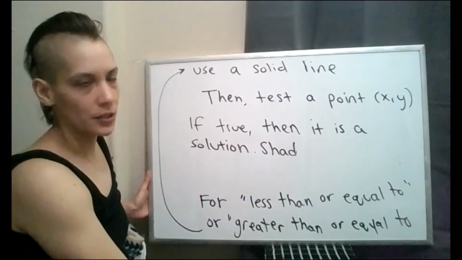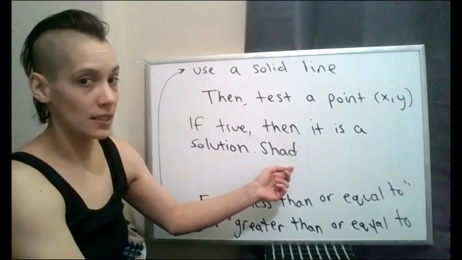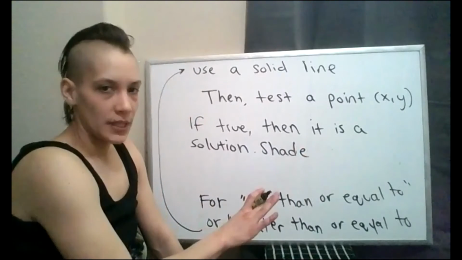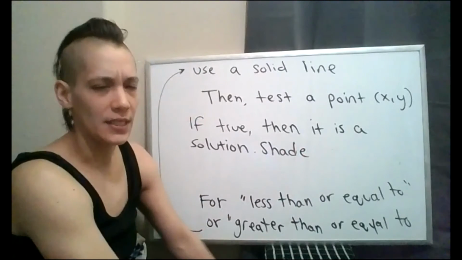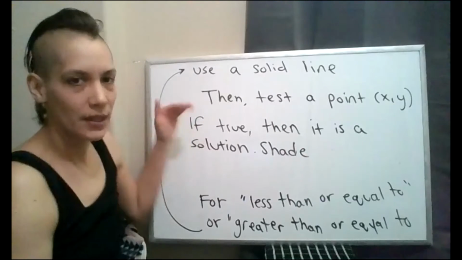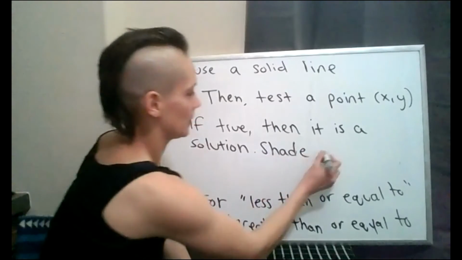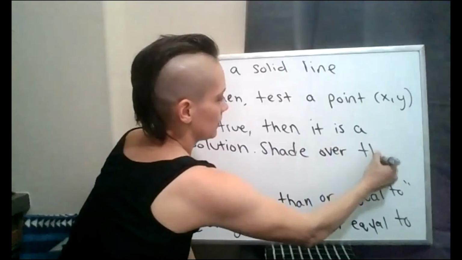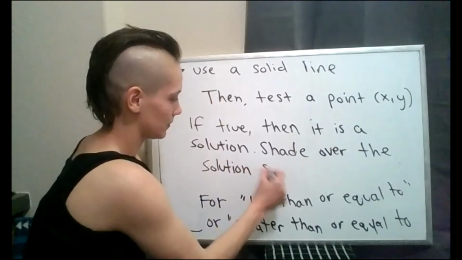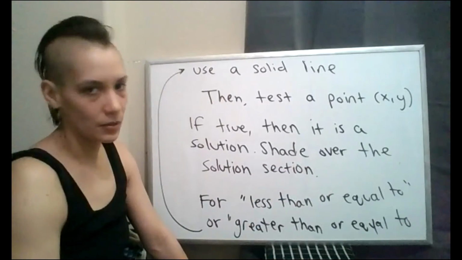I'm going to shade over the solution section. You can test a few points if you need to, but we're probably only going to need to test one point. There's going to be a true side or a false side in most of these examples. If they're true, we shade over them. If it's false, don't shade over it.